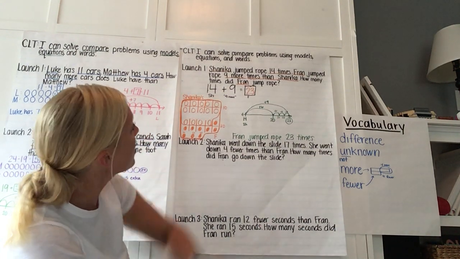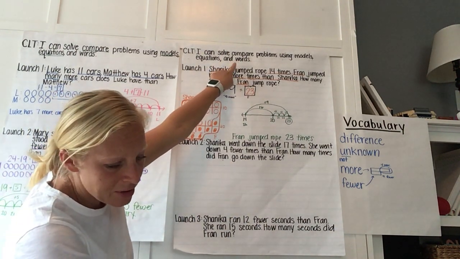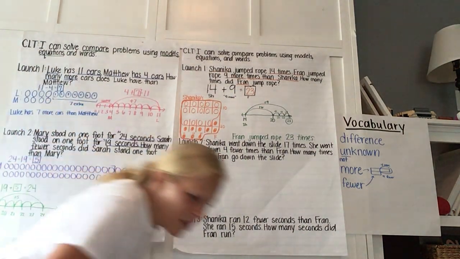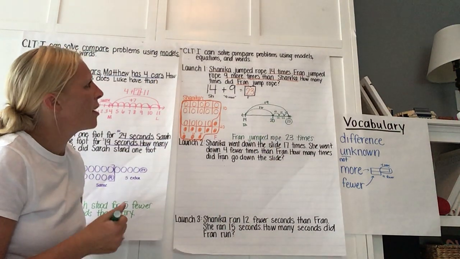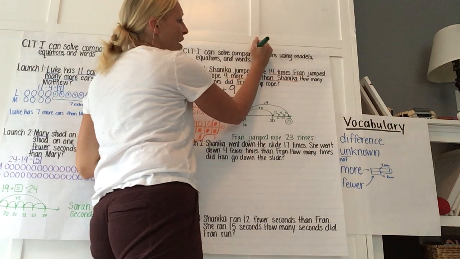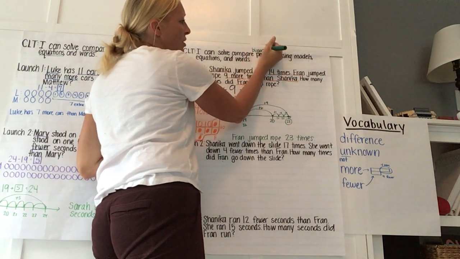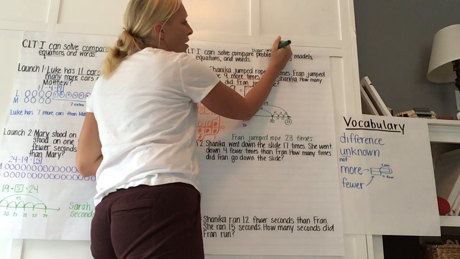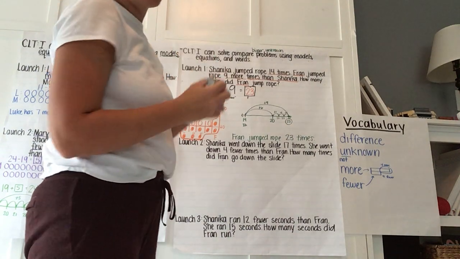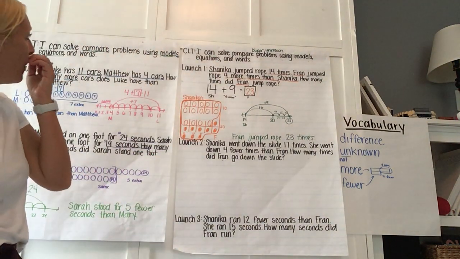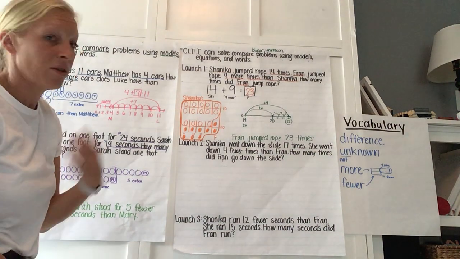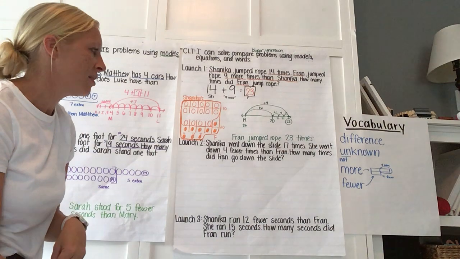So when we're looking at this, we're solving compare problems. And what part was the unknown? Was it the smaller number or was it the bigger number? It was the bigger. So we had the compare and we're adding to this. It was the bigger unknown that we're looking for, right? So we have lots of different kinds of compare problems. And this one is the bigger unknown is what we're trying to solve for. It's still a compare problem and the bigger is unknown.